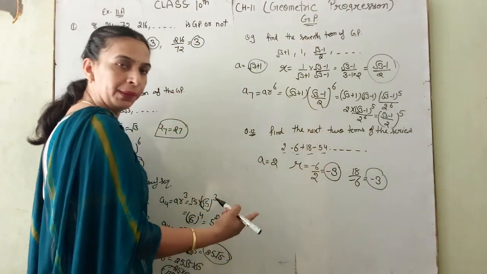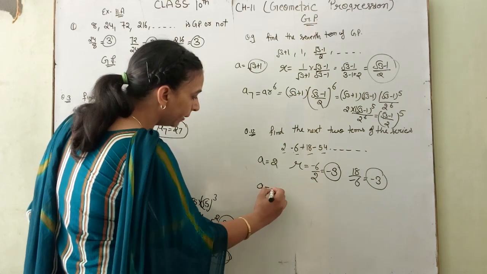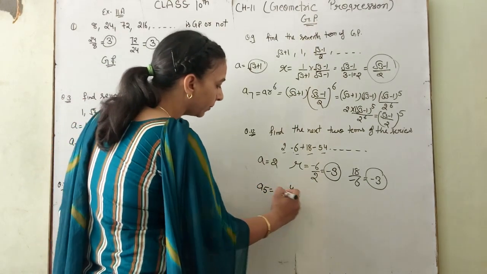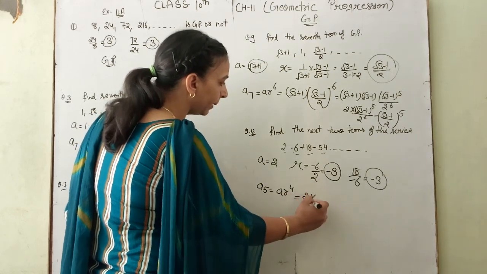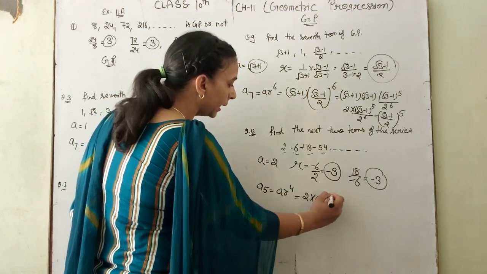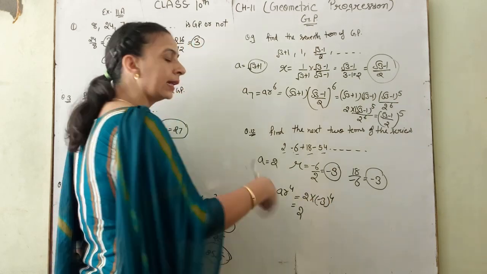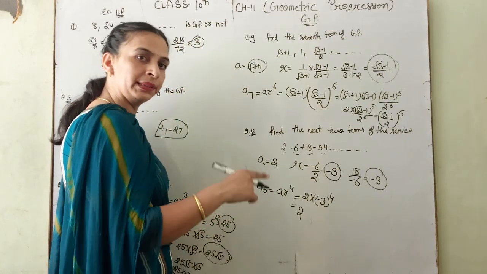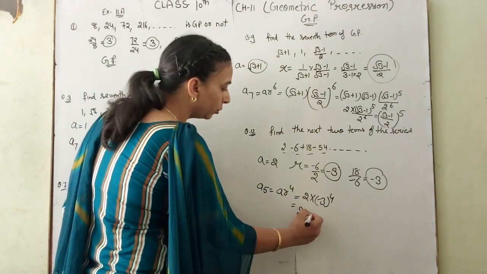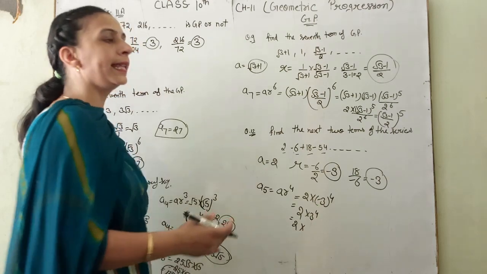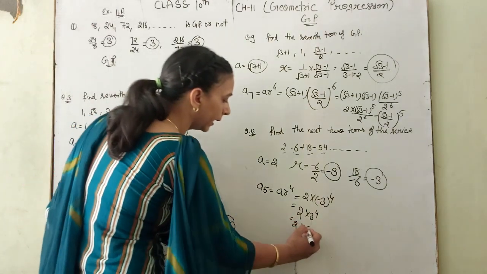Then we find the fifth term a5, which equals a r raised to the power 4. In place of a, 2, and in place of r, minus 3 raised to the power 4. 2 into minus 3 raised to the power 4, an even power, so this is plus. 2 into 3 raised to the power 4 equals 162.